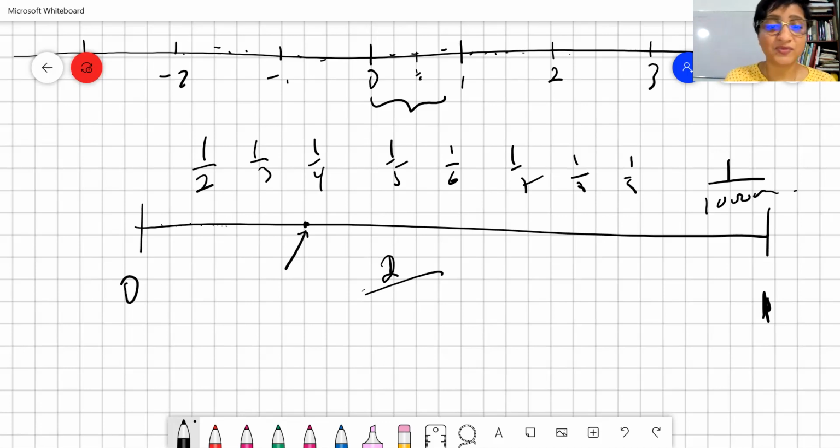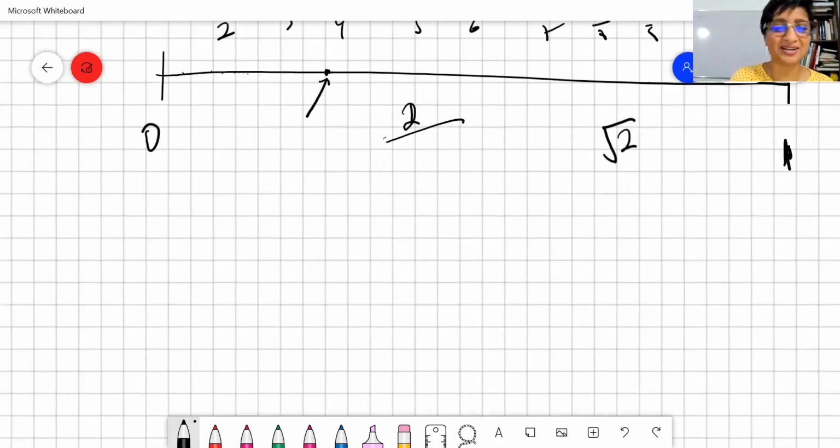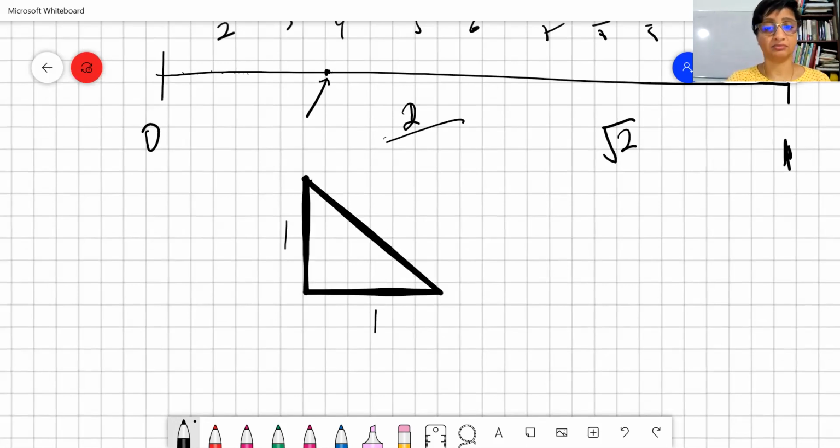But then, we thought it's filled, but then somebody came in and said, with the discovery of √2, again, now how did that happen? When you draw a square that is 1 by 1, the diagonal of that square, from Pythagoras theorem, should be square root of 2.